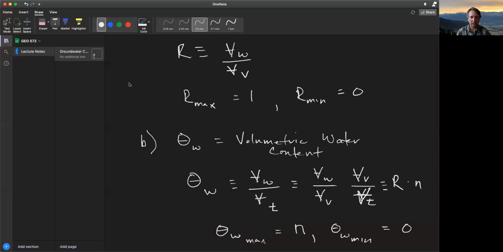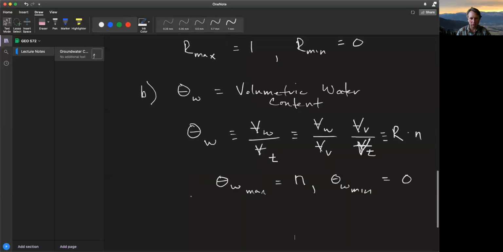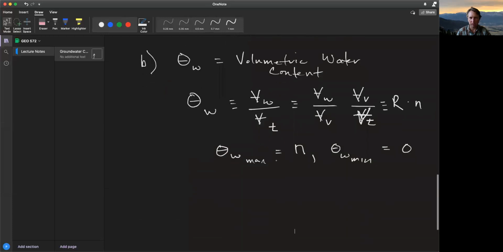Okay, so we can now solve these equations here for volume of water.